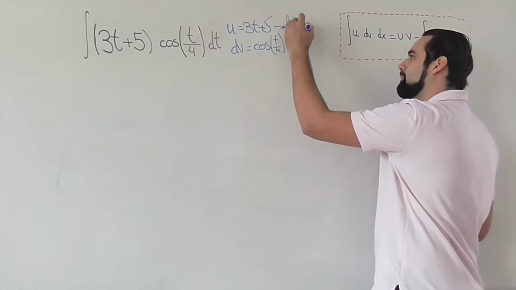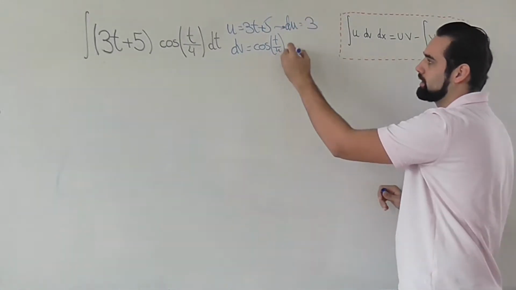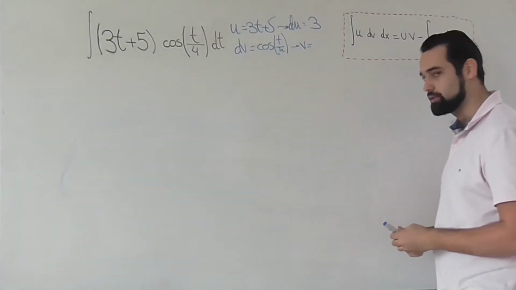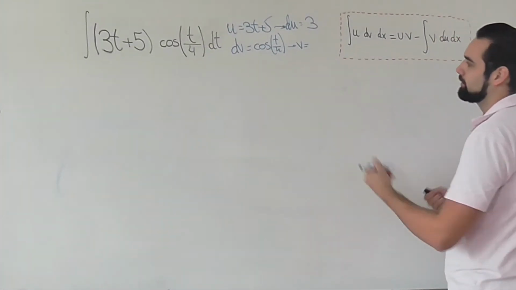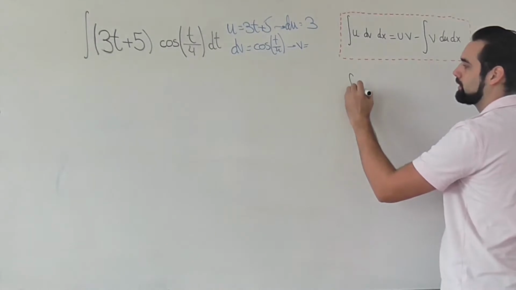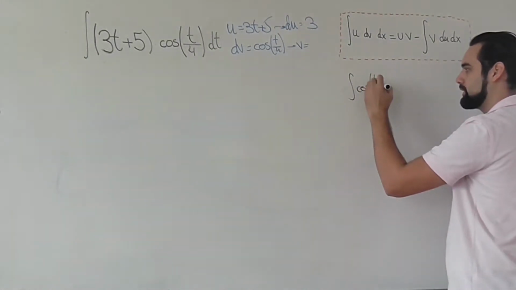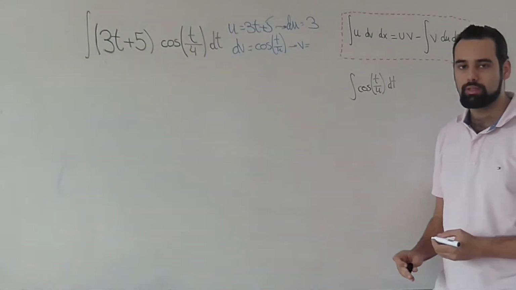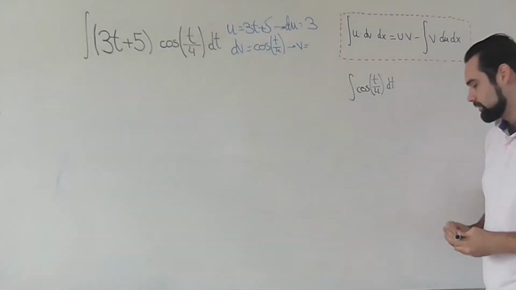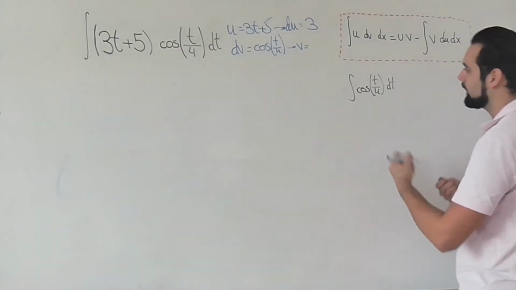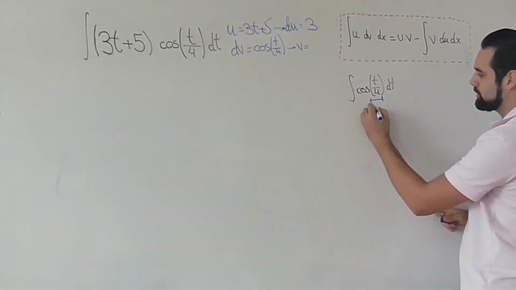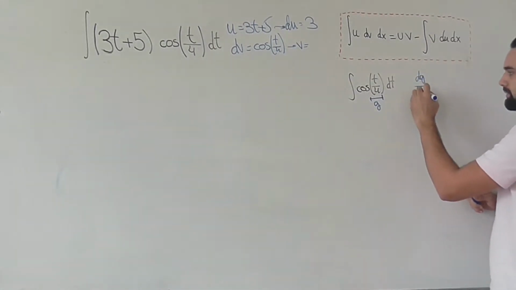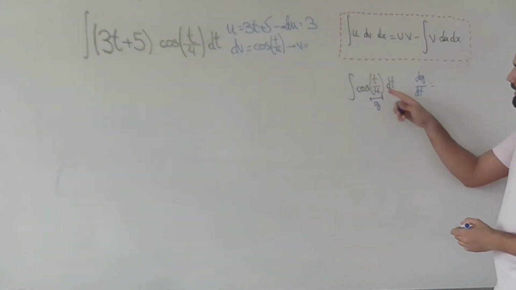So du equals 3, and our v is going to be the integral of that, and we're going to solve that now. If we take the integral of the cosine of t over 4 dt, we will see that it is an integration that we can solve by substitution. So we're going to substitute this t over 4 with g, and then we say, okay, what is dg/dt?